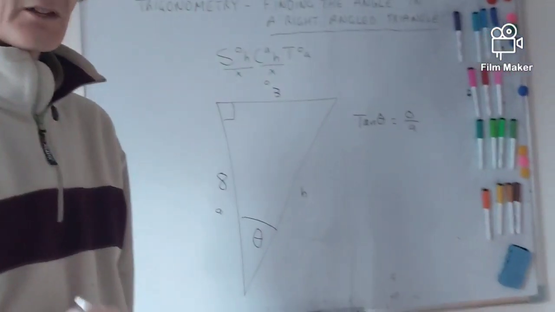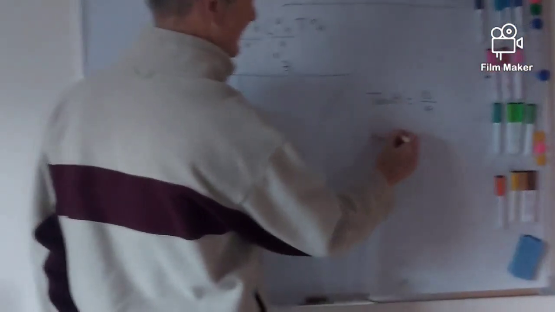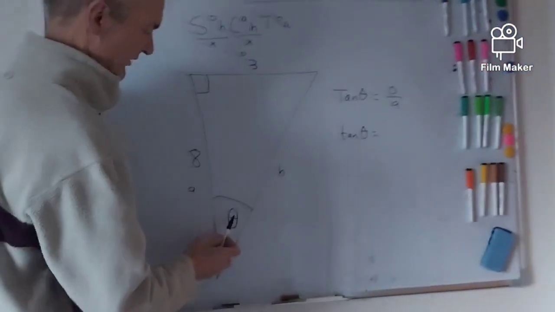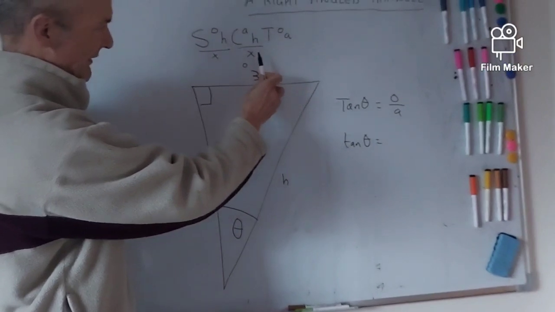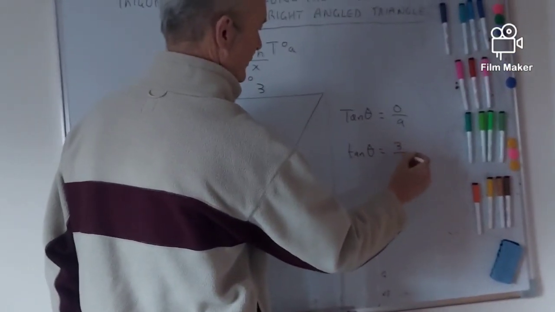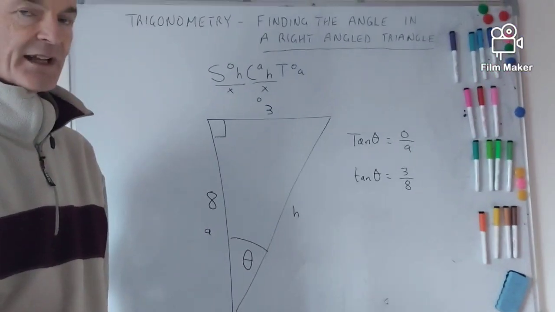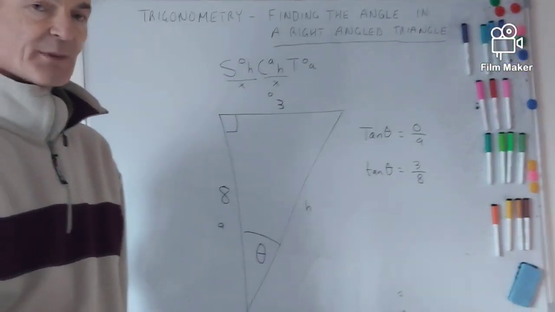Now let's put the information we've got into this. So tan theta equals opposite over adjacent. So that's 3/8.